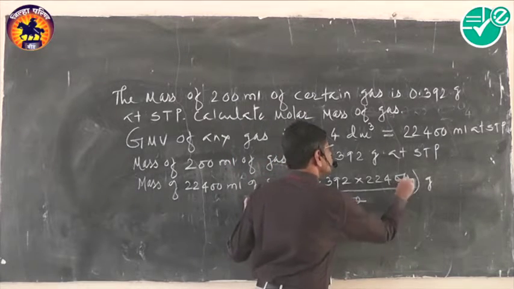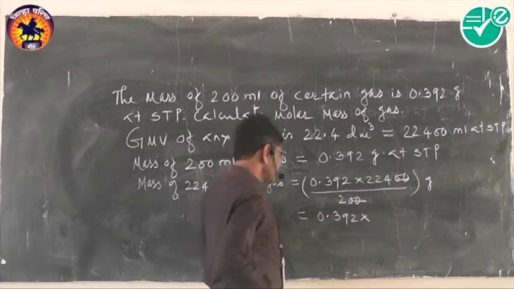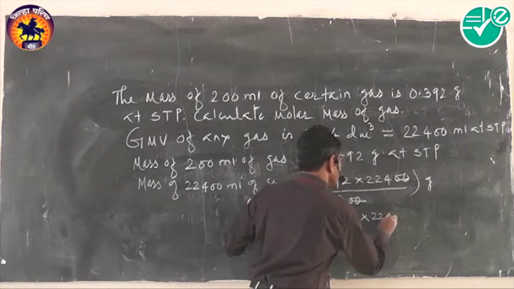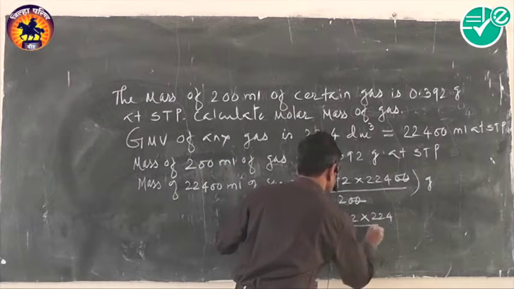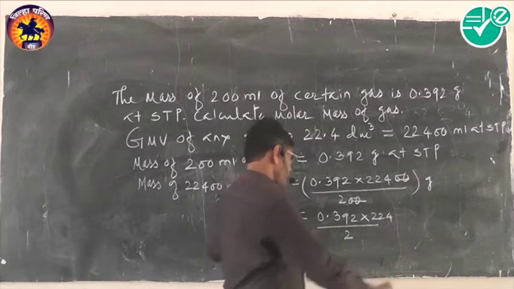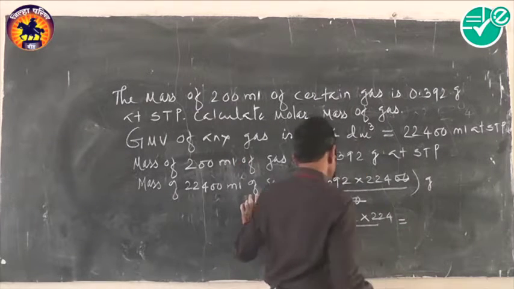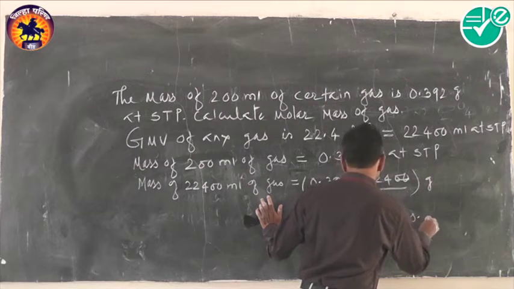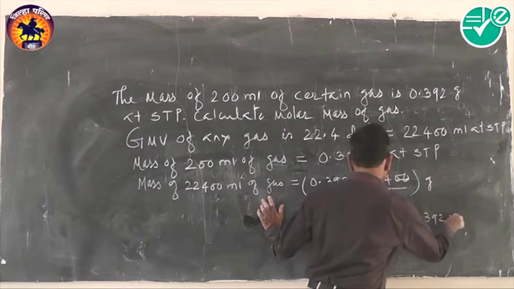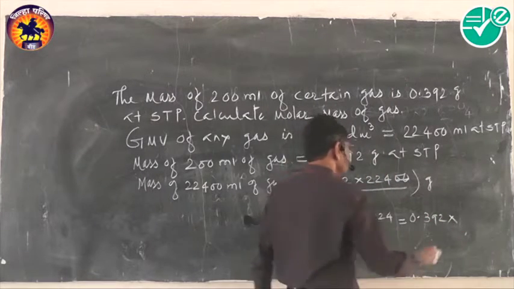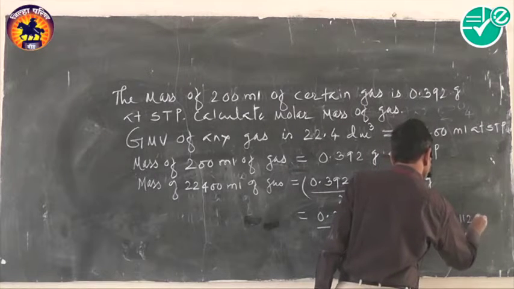Now these 2 cancel. 0.392 multiplied by 224 upon 2, or it is also equal to 0.392 multiplied by, now when you divide this by 2, then it is 112.